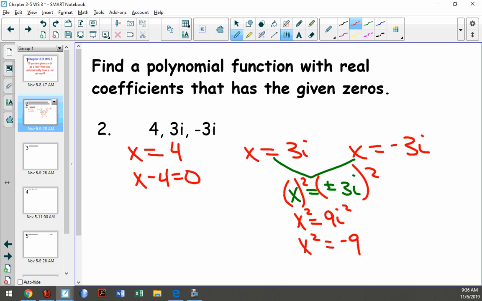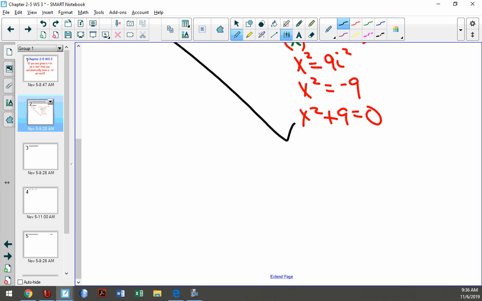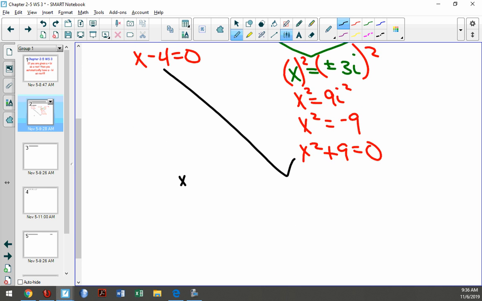So bring that over on the other side. X squared plus 9 is equal to 0. Then you can go ahead and multiply those together. X minus 4 times x squared plus 9 is equal to 0. So now you're going to FOIL those together.